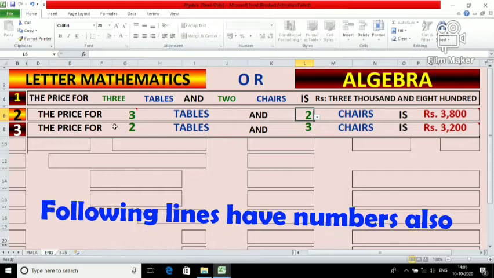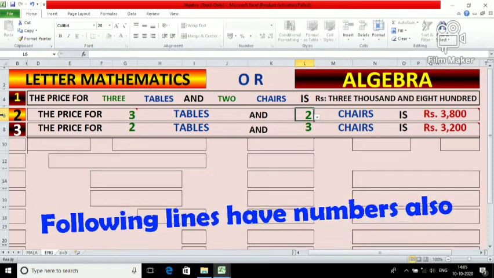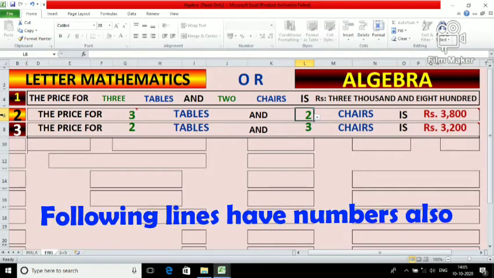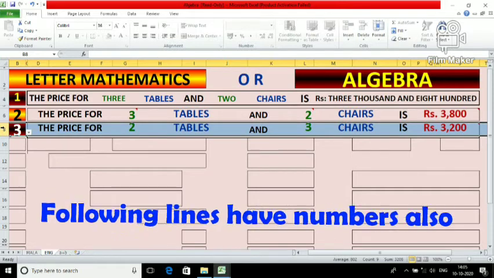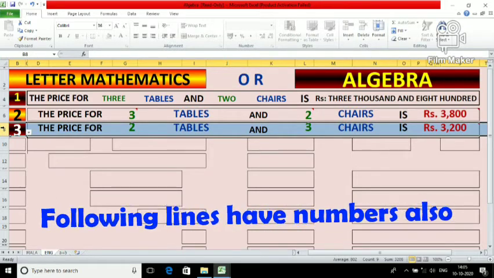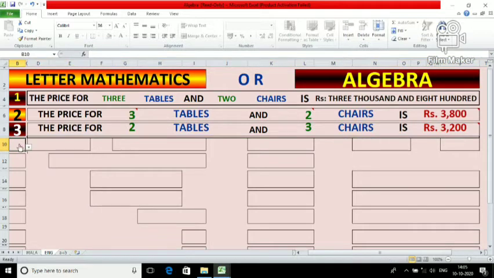So we have got an assignment or a question to be answered. What do we have to find out here? We have to find out the prices of tables and chairs. Are you ready? Let's go to the next one.